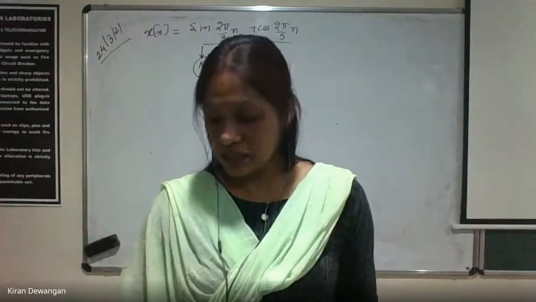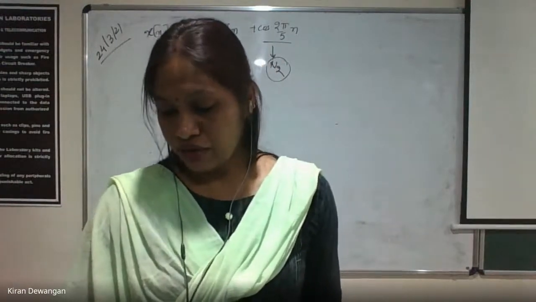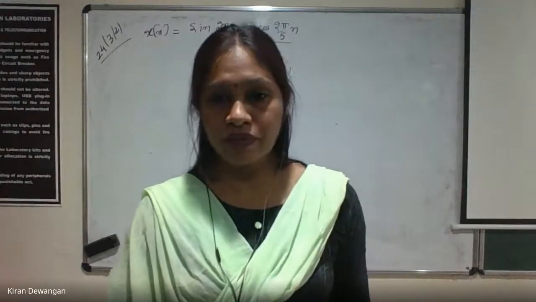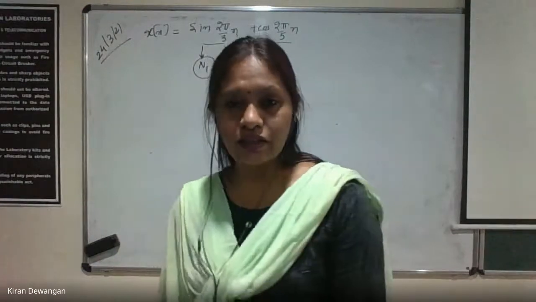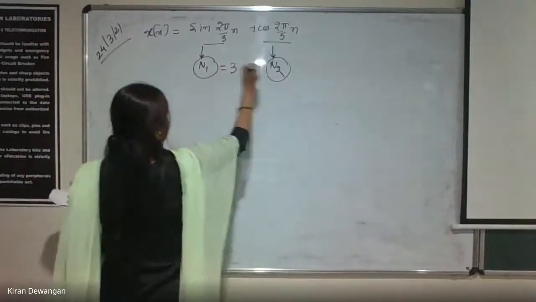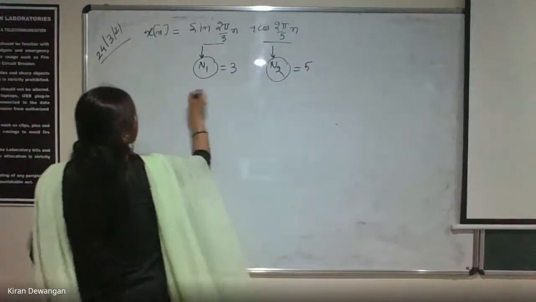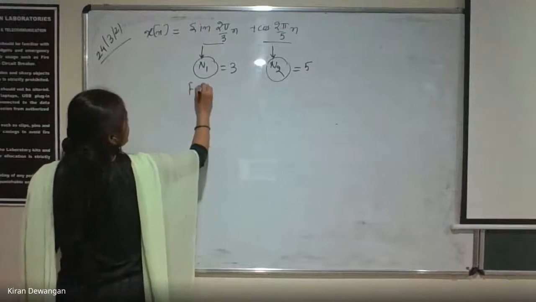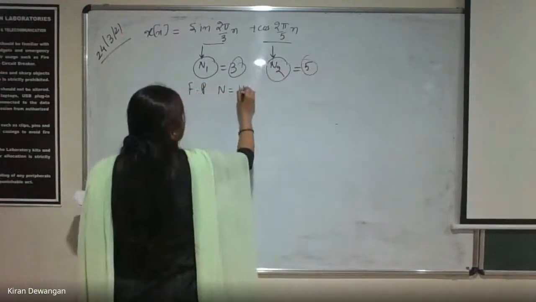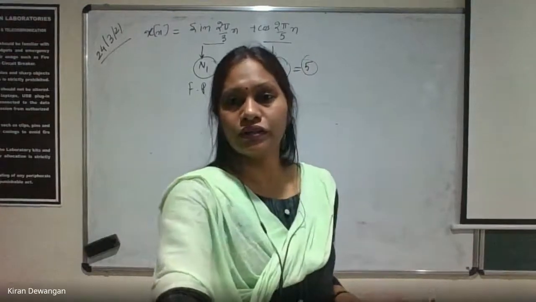Omega 1 is 2 pi by 3, correct? And omega 2 is 2 pi by 5. From there we can calculate the value of n1 and n2. N1 is 3, right? And n2 is 5. Now finally the fundamental period n is the LCM of both the values. It's 15. I guess the concept is clear to everyone. Clear, right?